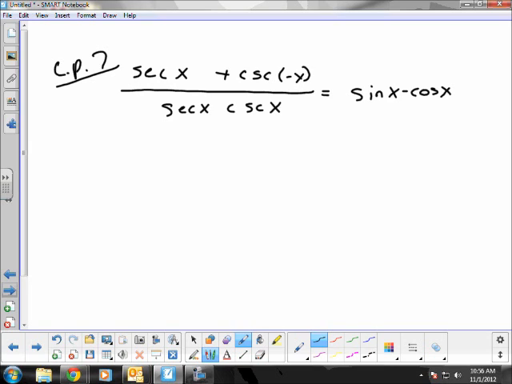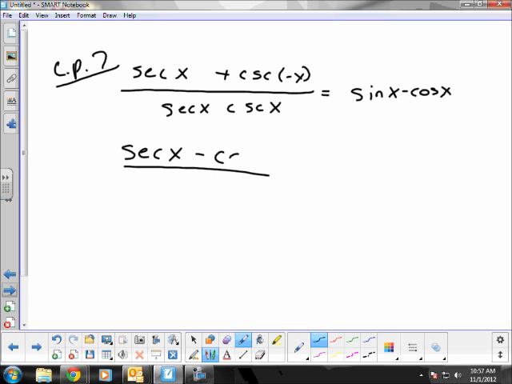So this one is one we might not remember, but that's the even and odd identities. And so if you'll look back at that first page that we talked about, it'll tell you what the cosecant of negative x is. It's either a positive cosecant of x or a negative cosecant of x. It's either even or odd. So is it minus the cosecant of x or is it plus the cosecant of x?